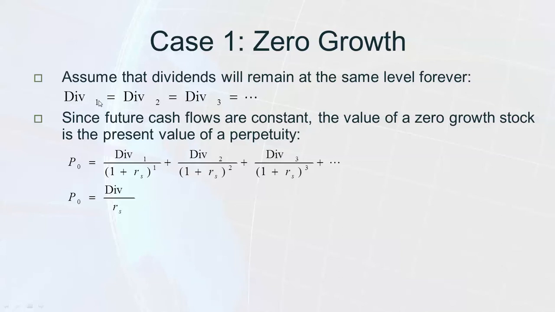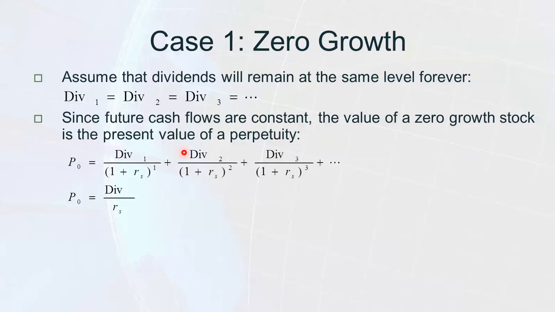Your dividend 1, dividend 2, dividend 3, up to infinity, all of these dividends are going to be constant. Since all the future cash flows are constant, this becomes the present value of a perpetuity.